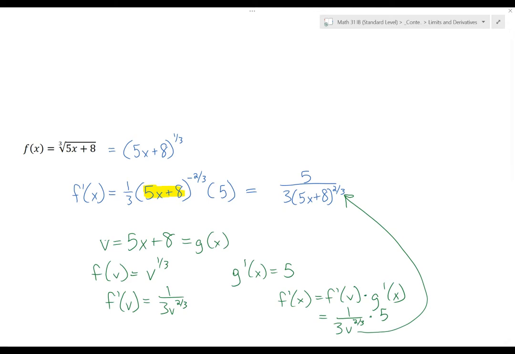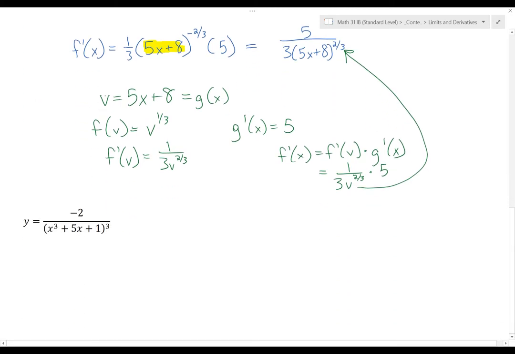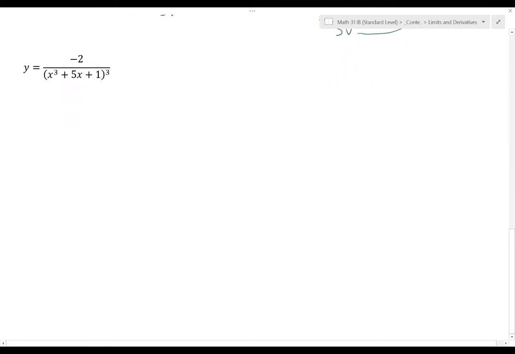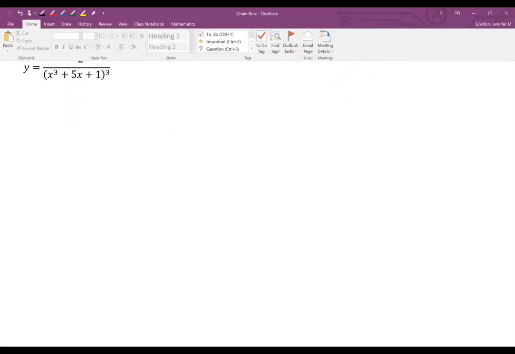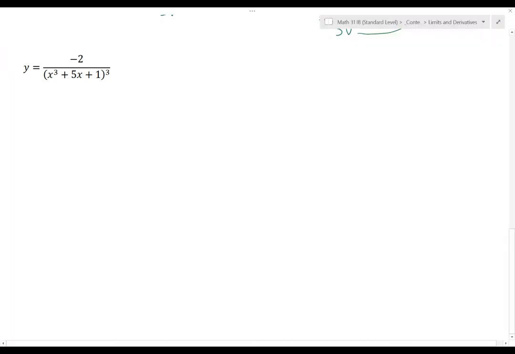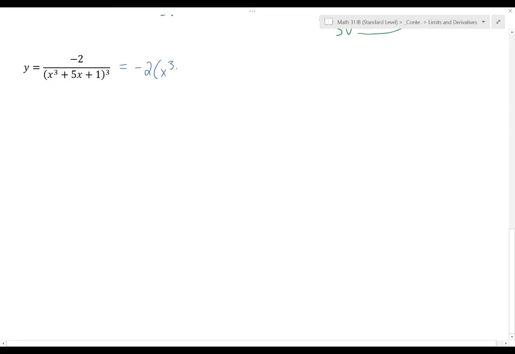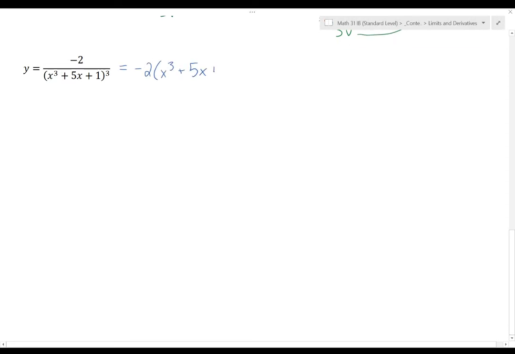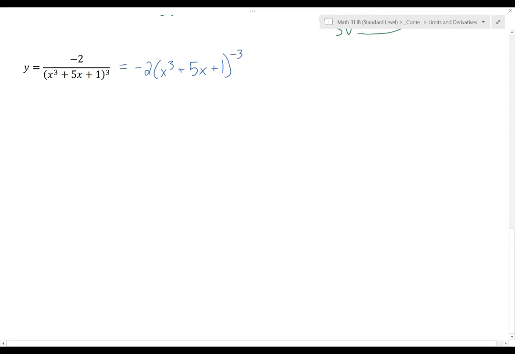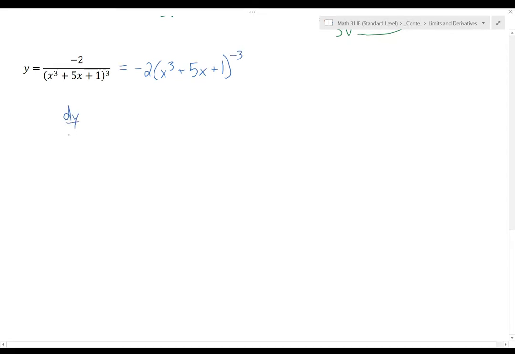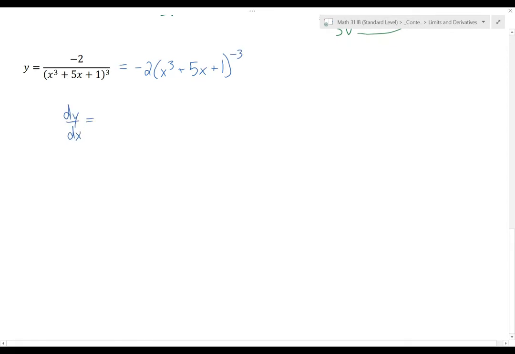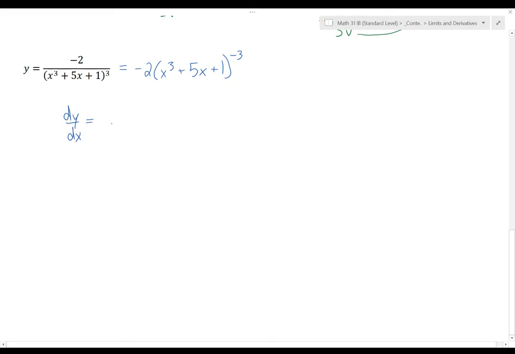Let's do one more example together where we want to find dy/dx, and I'll show the minimum amount of work I would have to do to solve this question. I'm going to start by writing it as a power. So this is -2 times (x cubed plus 5x plus 1) to the power of -3. So dy/dx, I'm going to start by deriving the power because that is the outside function. So -2 times -3 becomes 6.